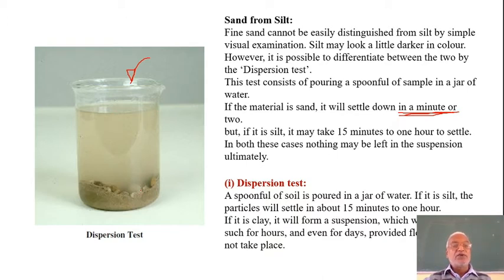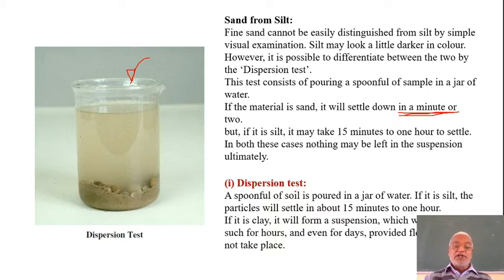But in this case, you can see almost all the particles have settled down, indicating that it is either silt or clay. But if it settles within a minute, then it is sand, and if it settles in 15 minutes of time, then it can be recognized as silt because the particles will be smaller. It takes a lot of time for it to settle down.